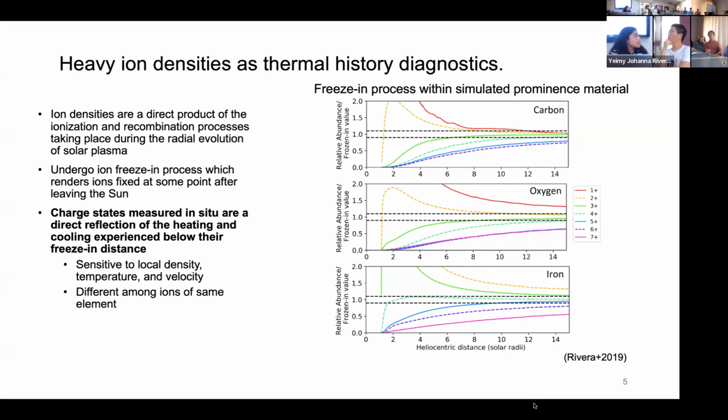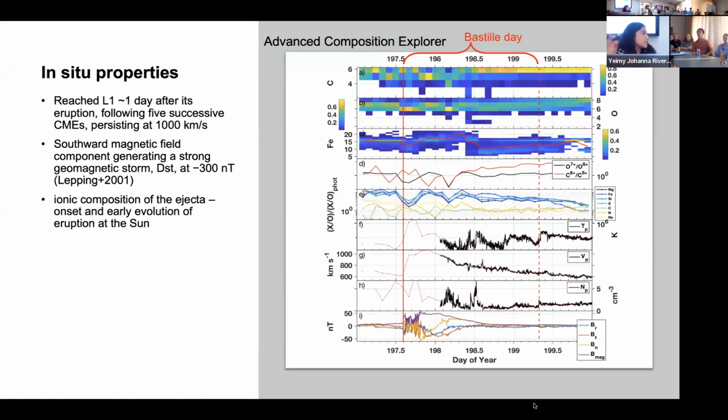Oh, yes. That's actually a really good point that I didn't bring up. Maybe the question would be, why don't we just look at the charge states and then compute a formation temperature and get the electron temperature of the exact spot they froze in?